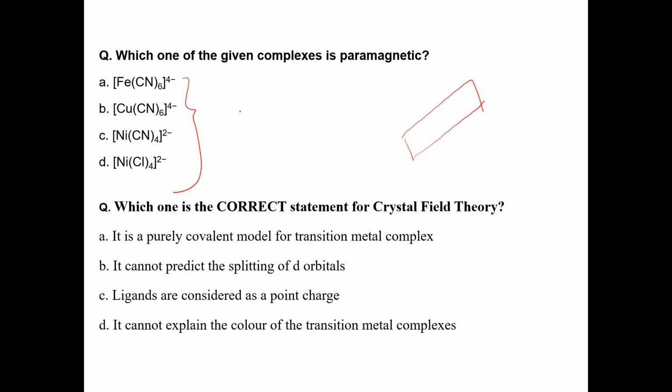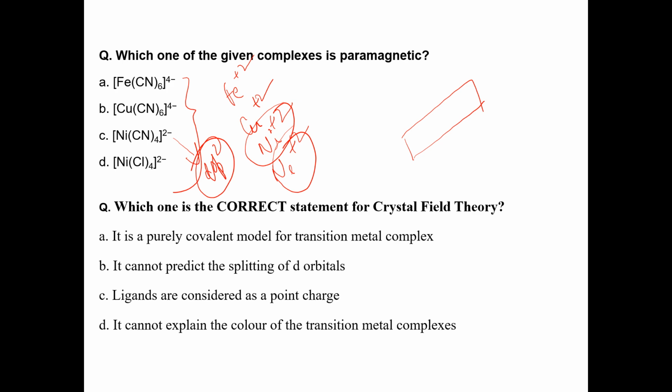Here we have Fe plus 2, copper plus 2, and nickel plus 2. It is also nickel plus 2, so it is dsp2, a square planar complex.